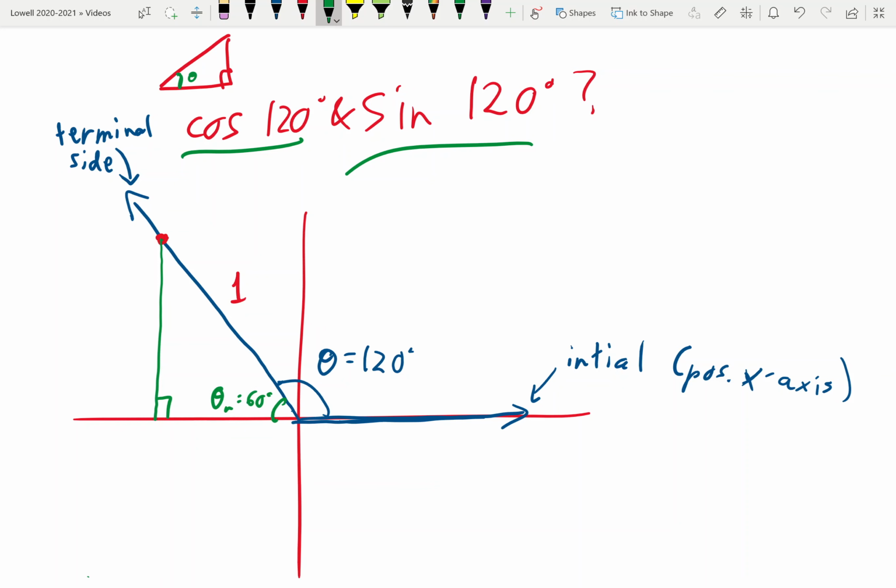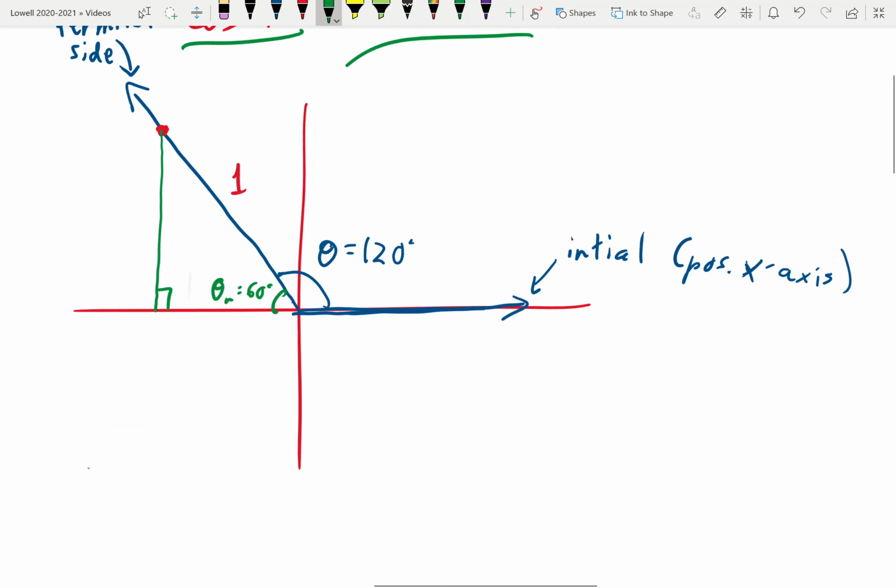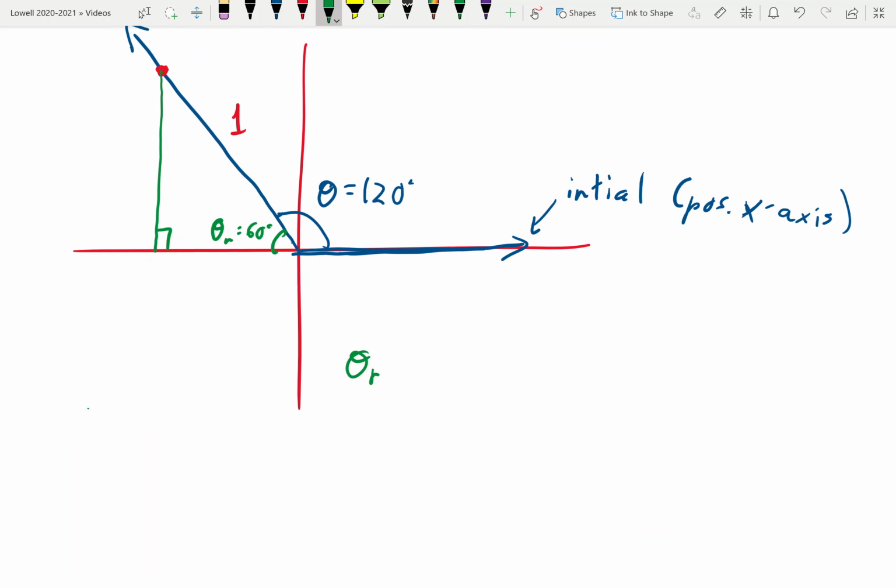Okay, this right here, theta sub r, that is what we call the reference angle. And the way you form that is, as we have done, you just drop from the ray straight down to the x-axis, wherever that happens to be.